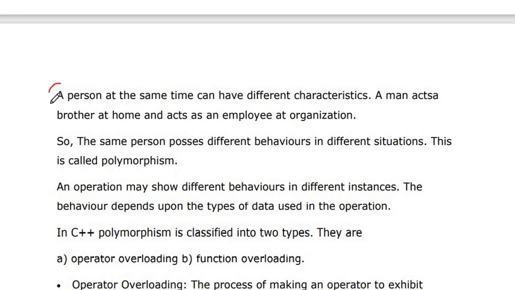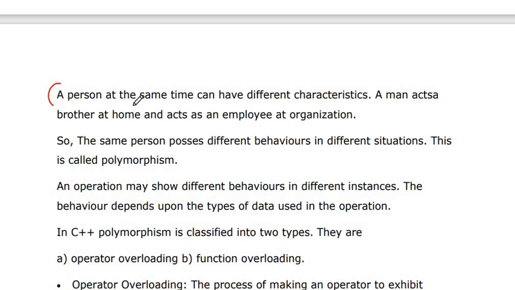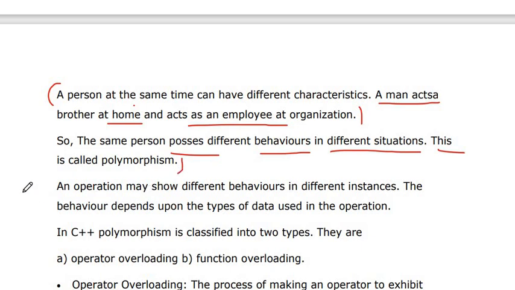For example, a person at the same time can have different characteristics, like a man acts as a brother at home and acts as an employee at the organization. So the same person possesses different behaviors in different situations. This is called polymorphism.